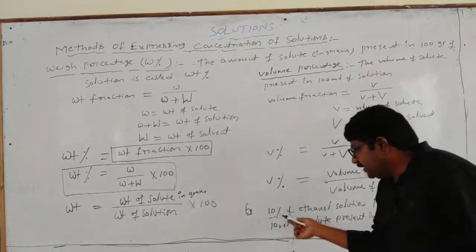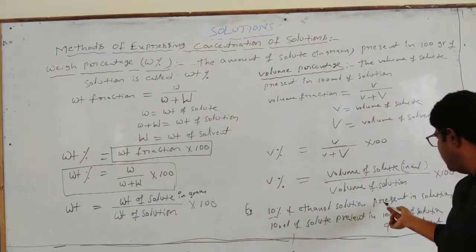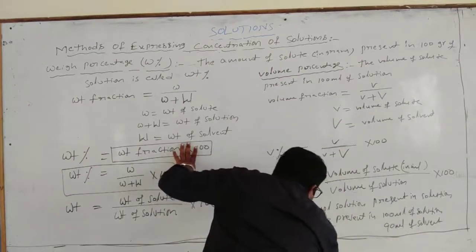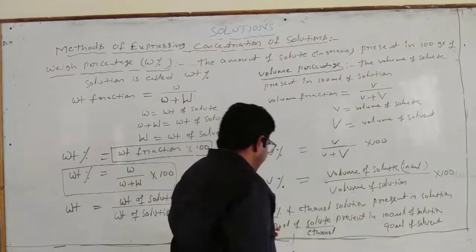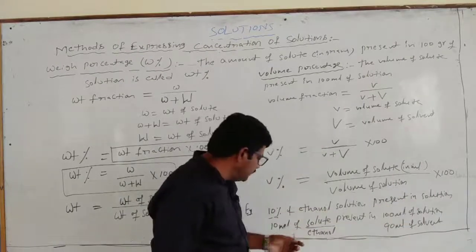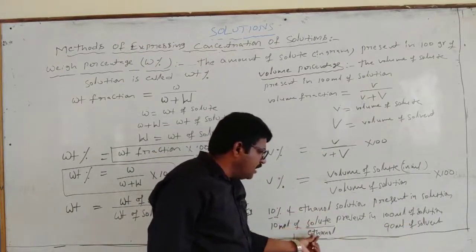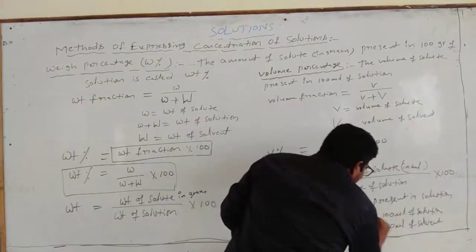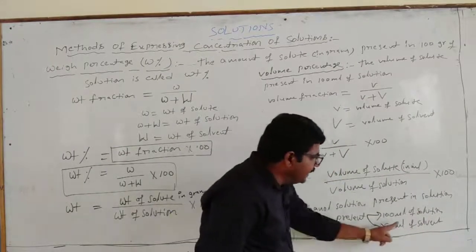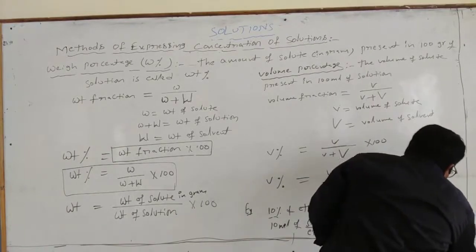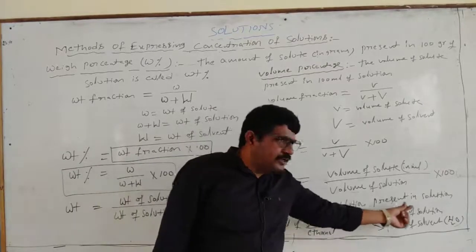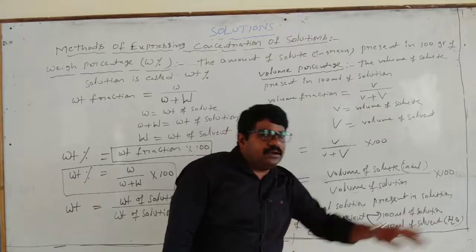So 10% ethyl alcohol solution means 10 ml of ethanol is present in 100 ml of solution, or 90 ml of solvent. Solvent here is water. So 10 ml of ethanol is present in 100 ml of solution, or 90 ml of water.